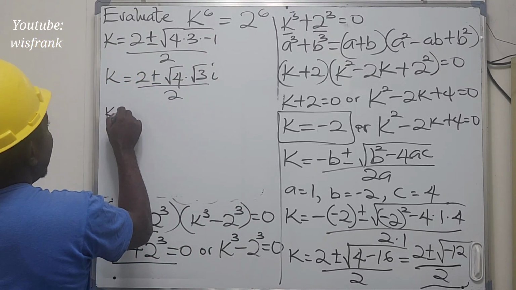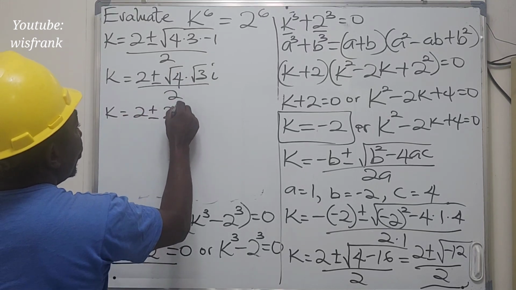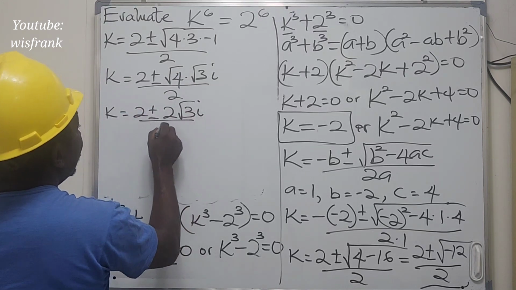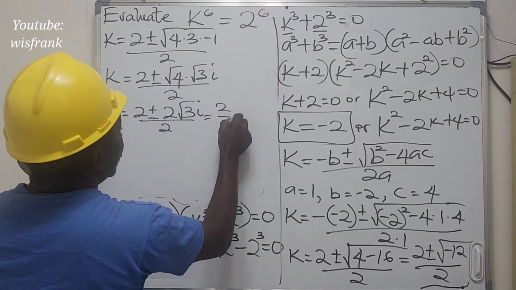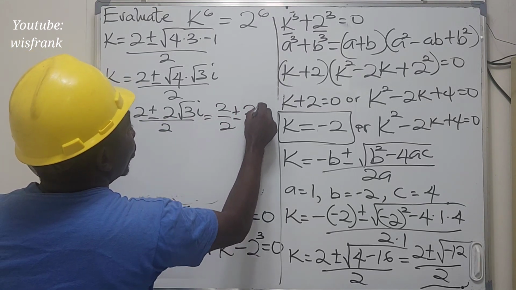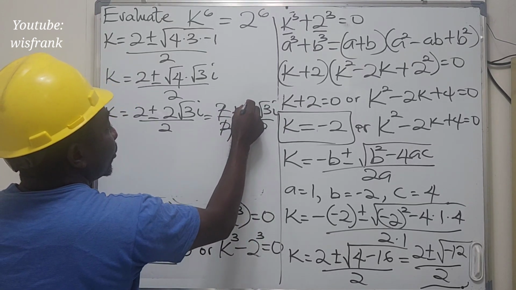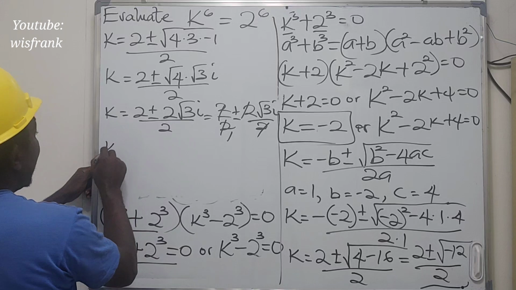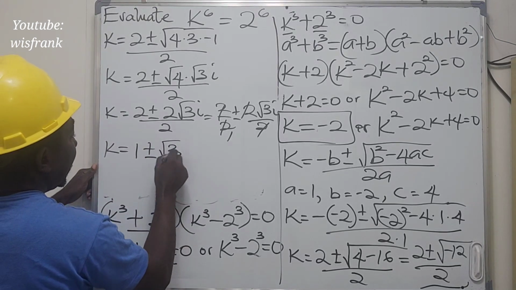This is the same thing as k equals 2 plus or minus, square root of 4 is 2, root 3 i all over 2. So we can rewrite this as 2 all over 2 plus or minus 2 root 3 i all over 2. The 2s cancel, therefore we have the value of k as 1 plus or minus root 3 i.